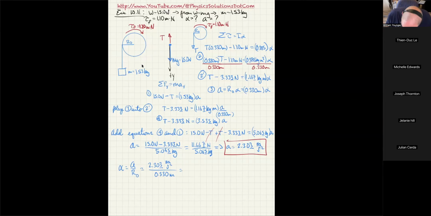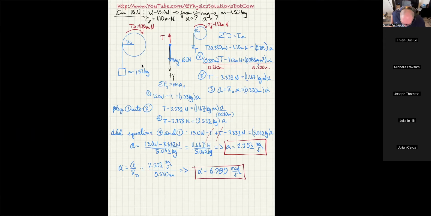And that gives me alpha is equal to 6.980, and that is radians per second squared. Remember, the meters will cancel out with the meter, and I'll just get a reciprocal second squared, but we can throw in a radian because that's really just a pure number. And now I have alpha as well.